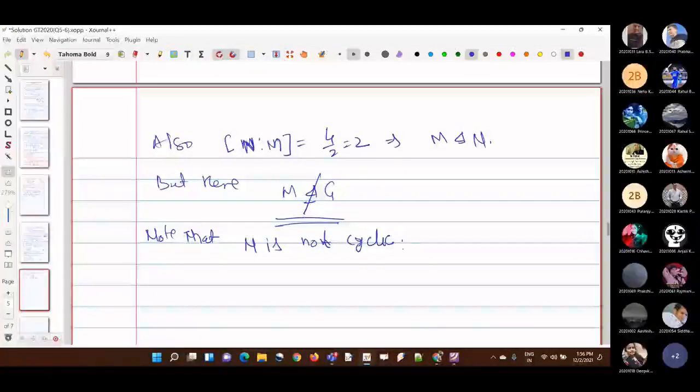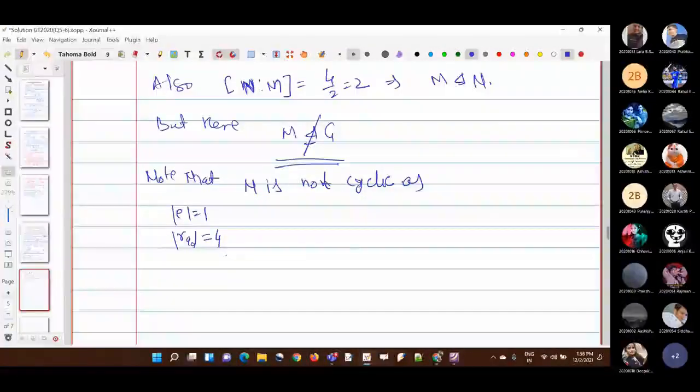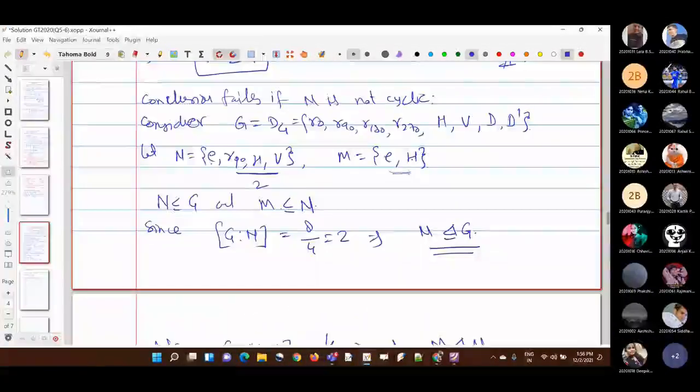Okay, so for this we can find out the order of E is 1, the order of R90 is going to be 4. Just a minute. I think we missed something here. Here it should be R180, not R90.